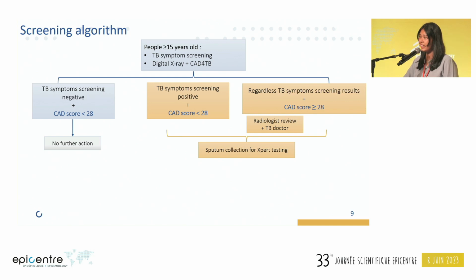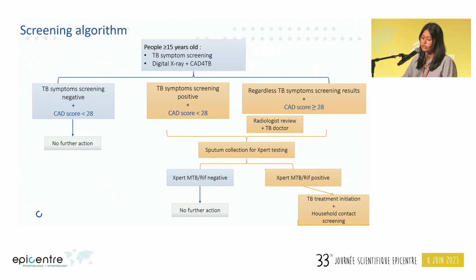Also, for those with a CAD score above the threshold of 28, we have a radiologist on site to review the film and, if needed, refer them to a medical doctor for further evaluation. If the GeneXpert is negative, there is no further action taken. However, for patients who test positive on GeneXpert, we refer them for TB treatment and household contact investigation.